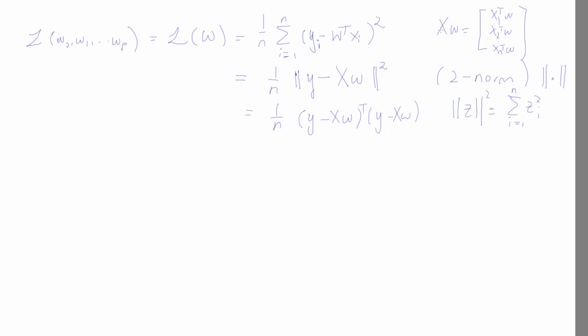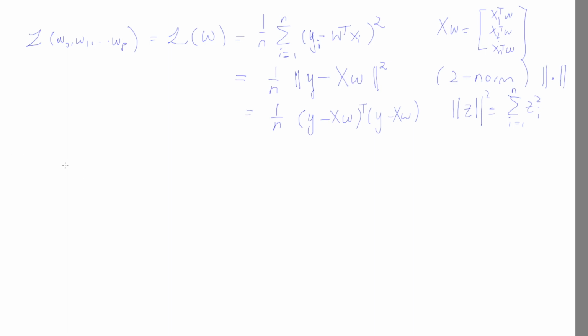This is the big matrix X times w. When I take the vector y minus this, all I'm getting is the inside term. Then when I multiply by itself, I get the squared and the sum. Okay, that's the idea.